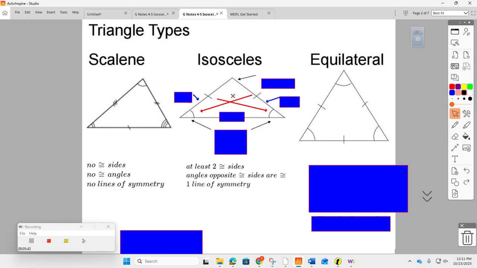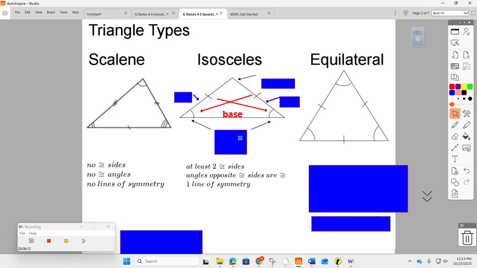Now there's parts of this isosceles triangle that we need to be able to label. The first thing I'm going to uncover is the base of this isosceles triangle. The base is a side, just like when you define the area of a figure, base and height. So the base is this side, where the angles across from the congruent sides are.